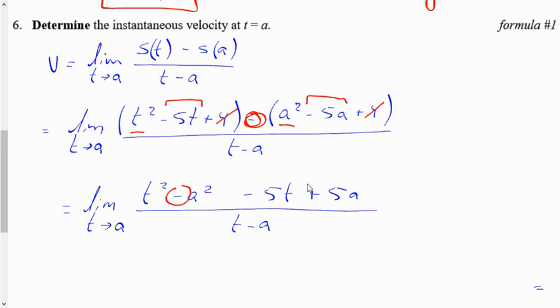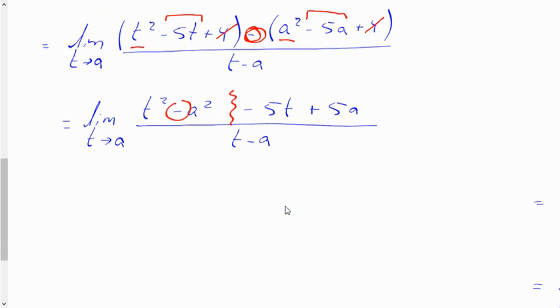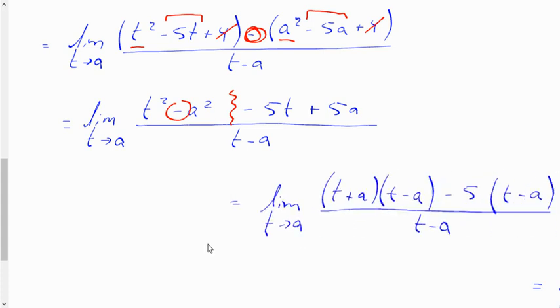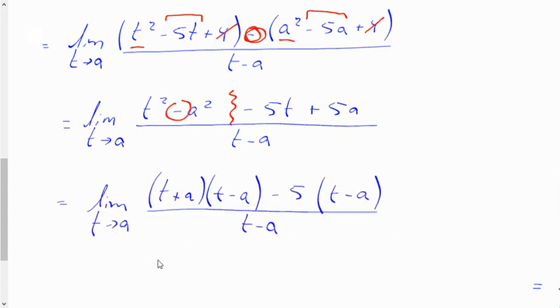And now I'm going to think of them separately, and I'll factor this first difference of squares, and I'm going to factor the second two terms as well. When I factor the difference of squares, I'll get t plus a times t minus a. And when I factor out the negative 5, I get a t minus a. So as t was approaching a, my numerator and denominator were both approaching 0, so I'm looking for a common factor of t minus a, and now I can see that common factor.